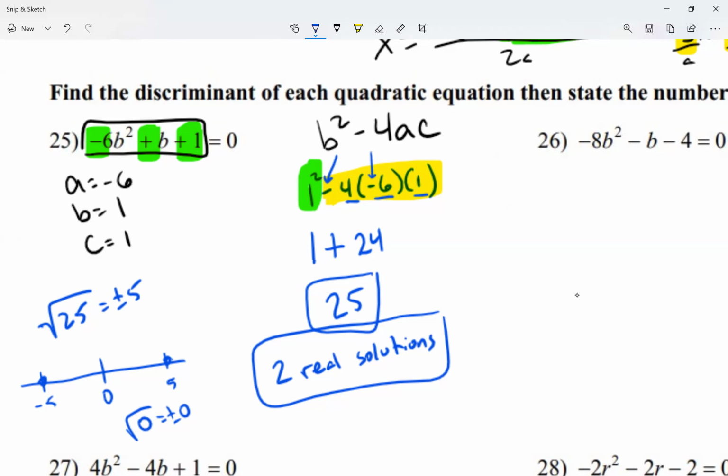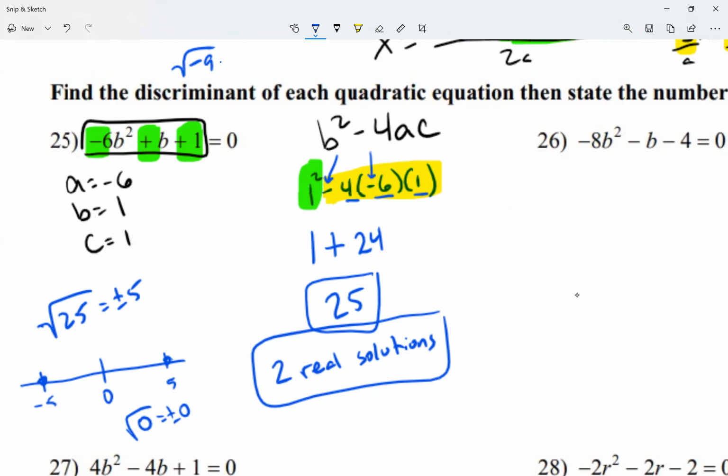Now, if my discriminant is negative, I'm going to get two imaginary solutions. What if I asked you, what's the square root of negative 9? I know the square root of 9 is positive or negative 3. But what is the square root of negative 9?